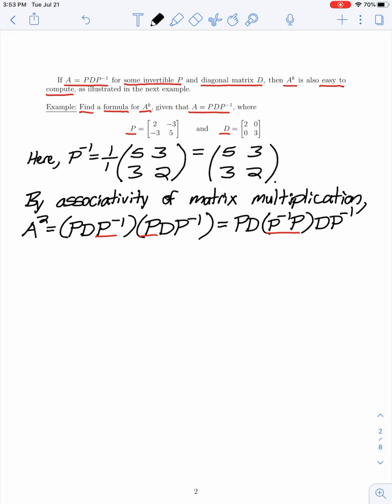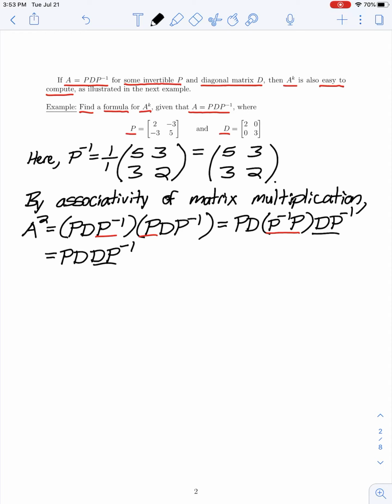So now we have A squared is equal to P times D times the identity matrix, which we're then multiplying by D times P inverse. Remember, the identity matrix times any matrix, namely D P inverse, would just give us D P inverse.